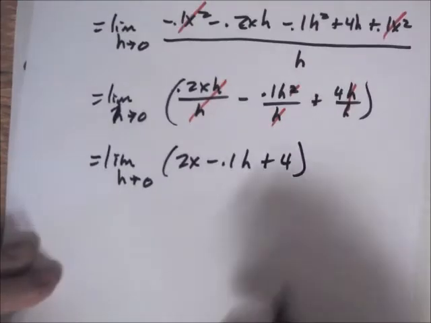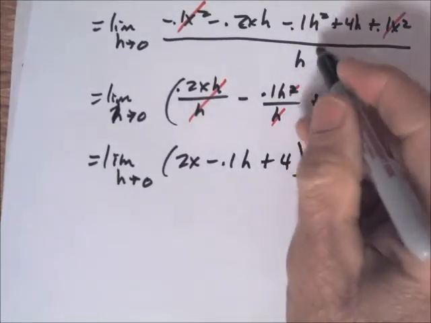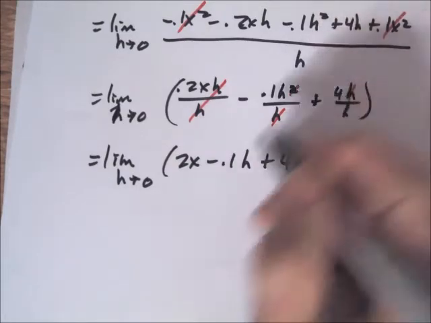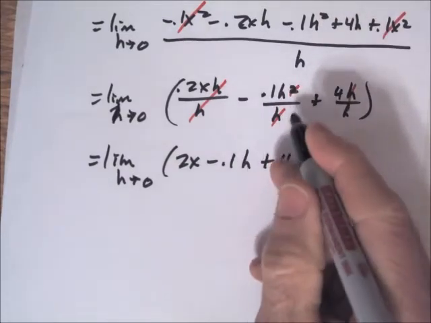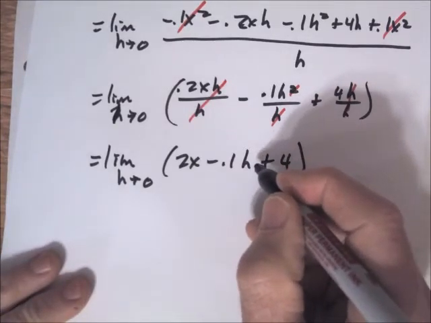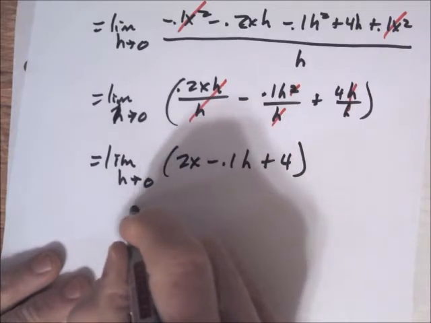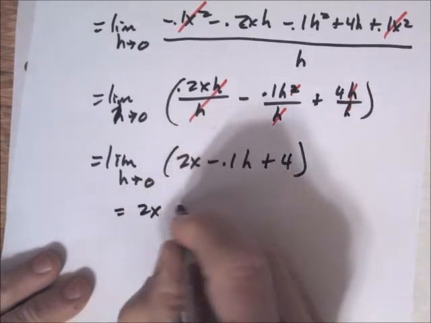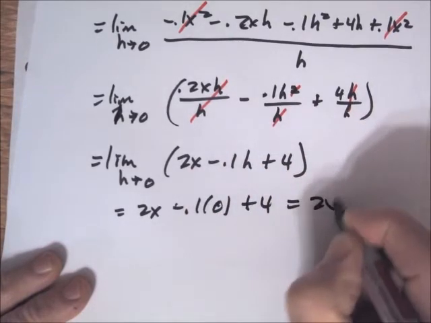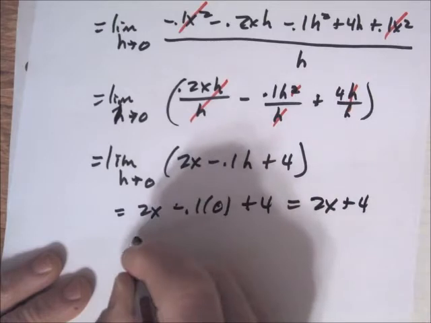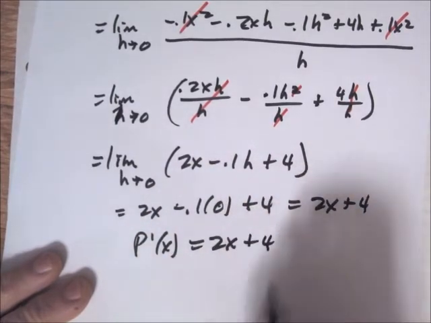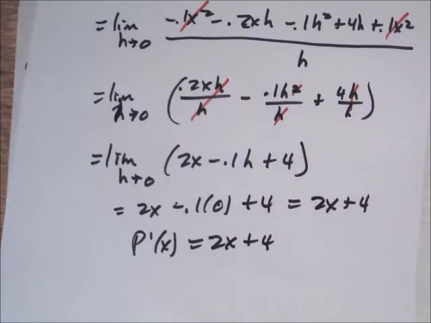And now we can take the limit. Before we cancel the h on the bottom, we have indeterminate form, 0 over 0. But now that we've canceled, there's just one h left on the top, so we can put in a 0 there. So we get minus 0.2x plus 4. That's p prime of x, the derivative, which gives us the slope for each value of x.